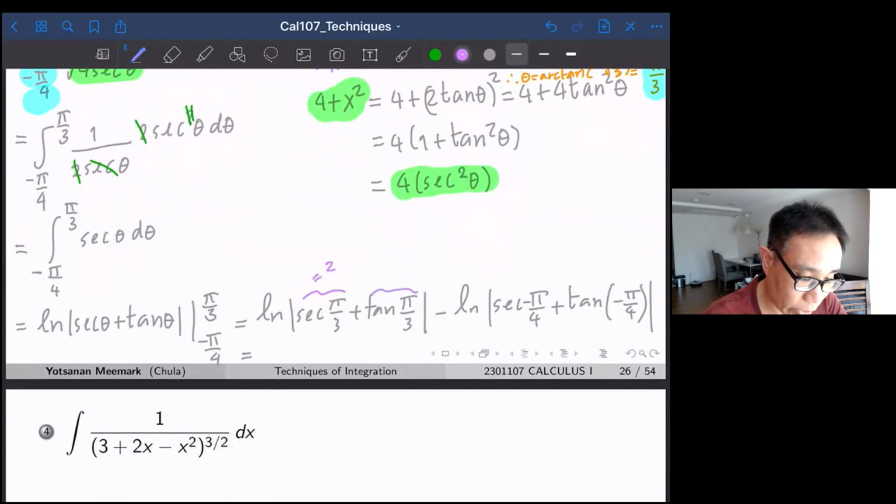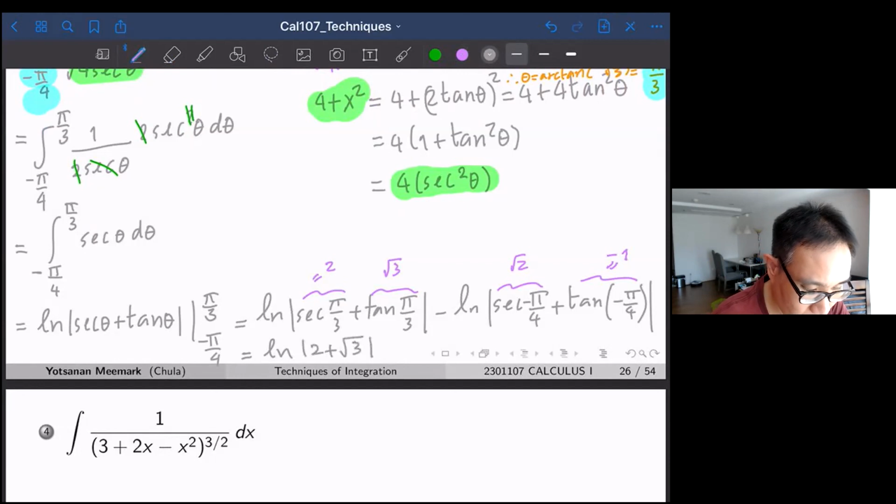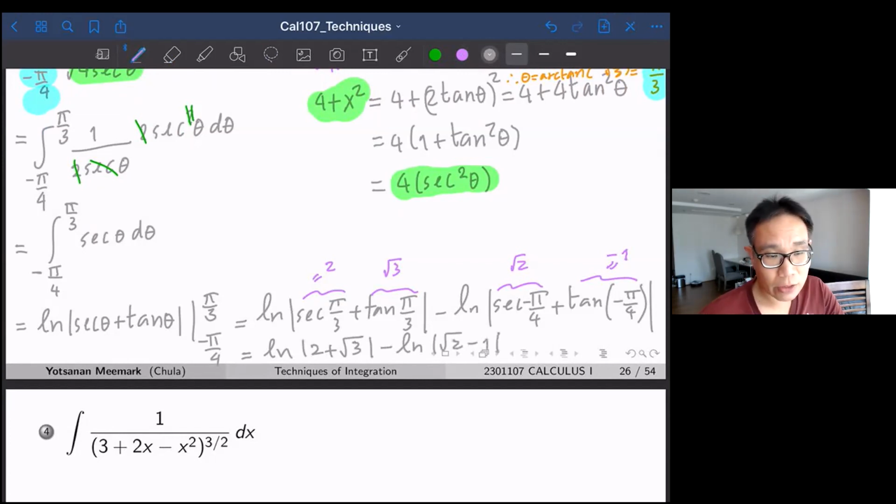Tan pi over 3 is root 3. Sec negative pi over 4 is still root 2. And tan negative pi over 4 is negative 1. So the final answer will be log of 2 plus root 3 minus log of root 2 minus 1. Actually, you can answer this without absolute value because root 2 minus 1 is positive anyway.